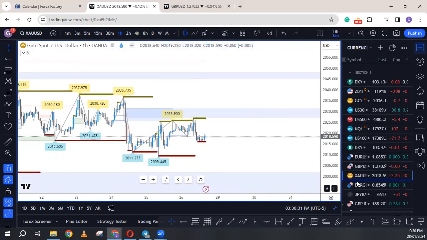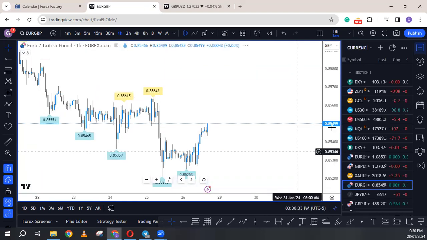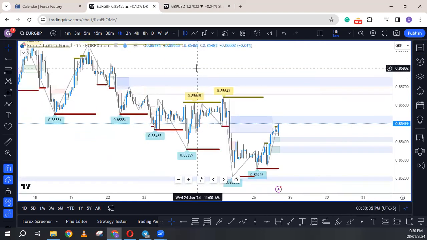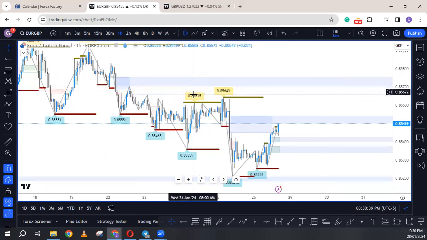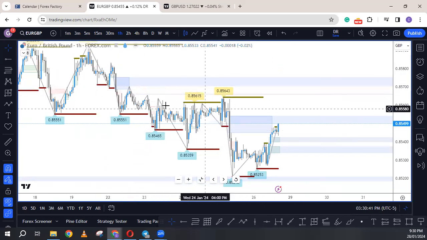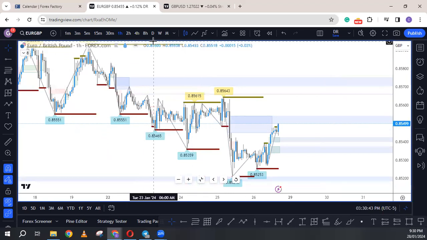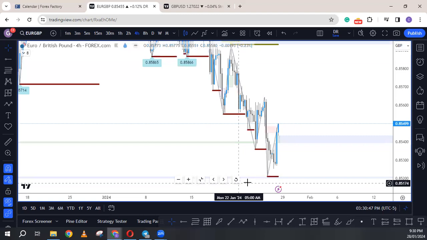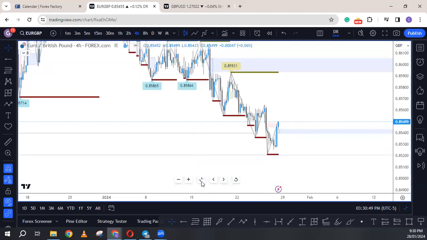It's not yet bullish. The next one we're going to be looking at is Euro Pound. For those who trade Euro USD and GBP USD, it's important that you always check the directional bias of Euro GBP before trying to trade those pairs.